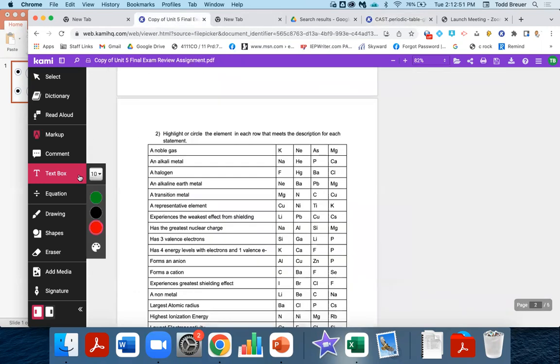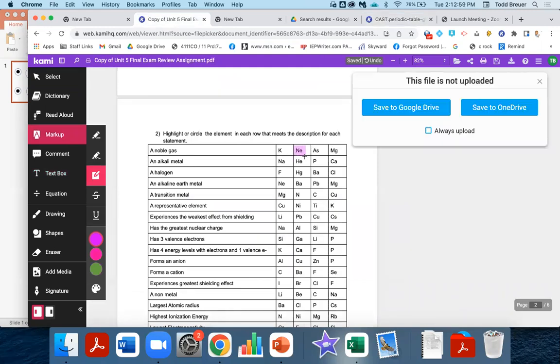So we go back to the assignment. Let's get the markup tool going here. That noble gas would be our neon. Alkali metal would be the element sodium. Halogen, well, there's actually two answers here. Fluorine and chlorine are both halogens, both in group 7A. Alkaline earth metals, also two answers.